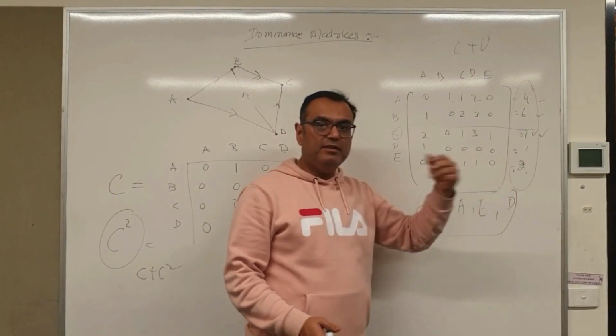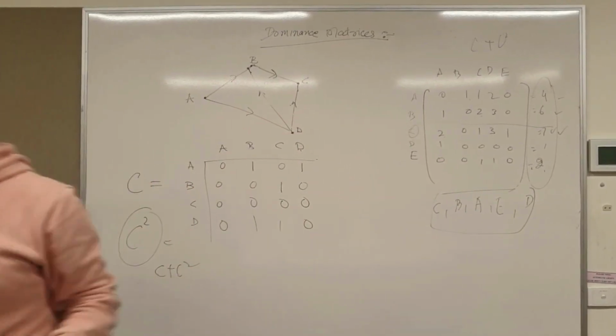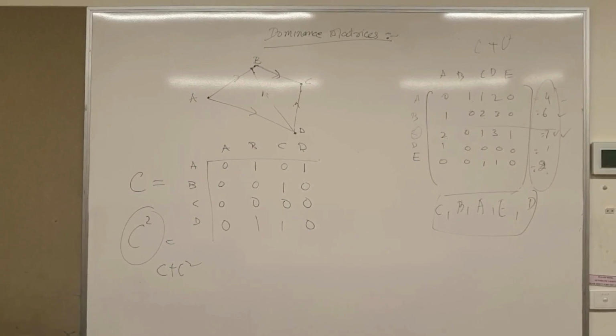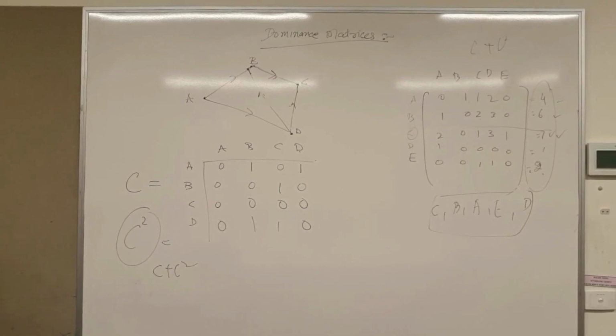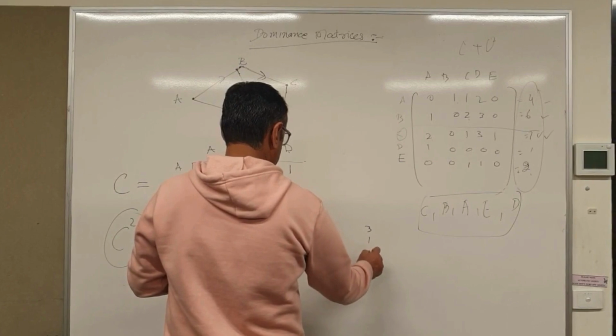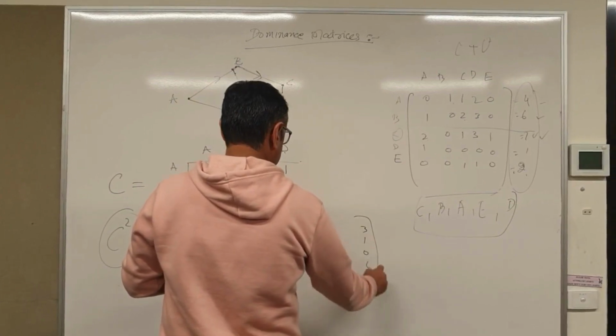You will find that the last row has the maximum digit, which I think is 6. So dominance would be in the order of 3, 1, 0, and 6. That's how it's going to be.